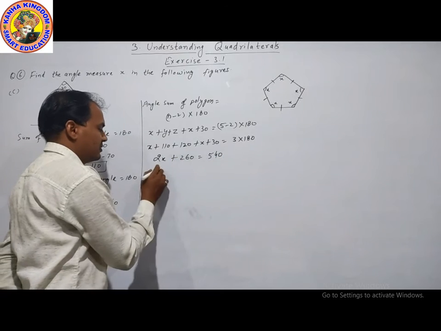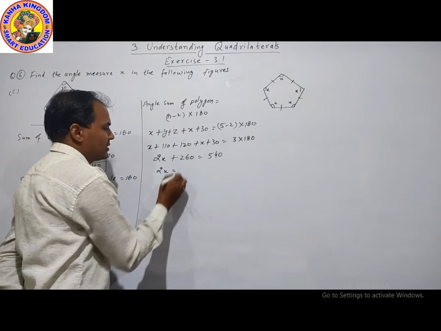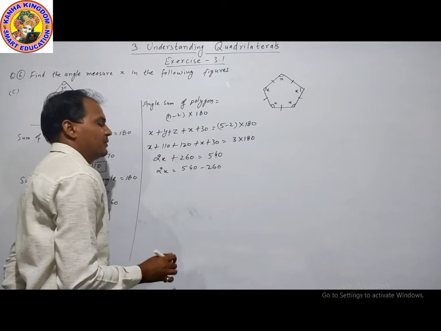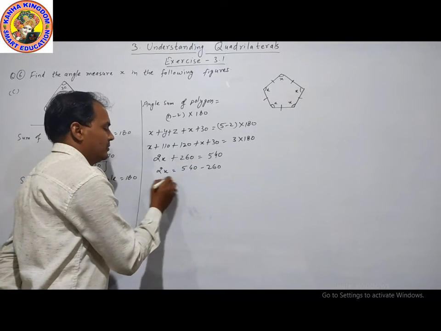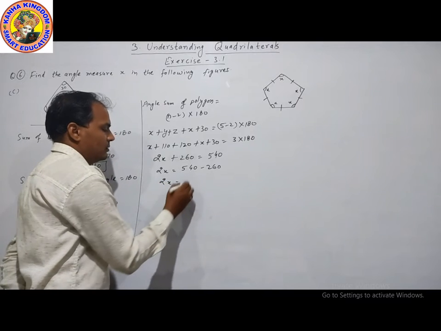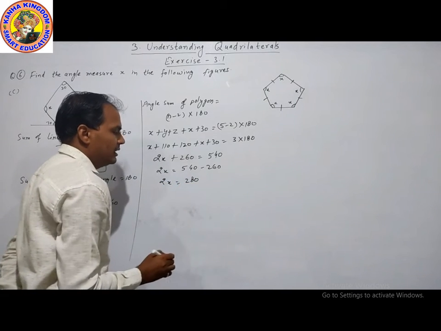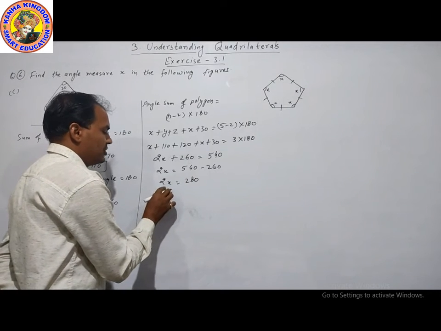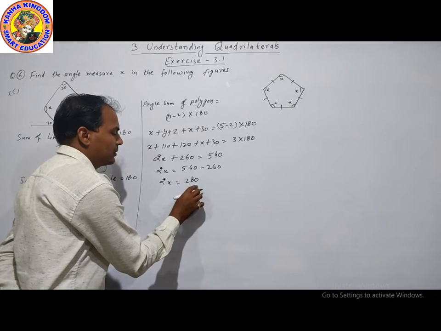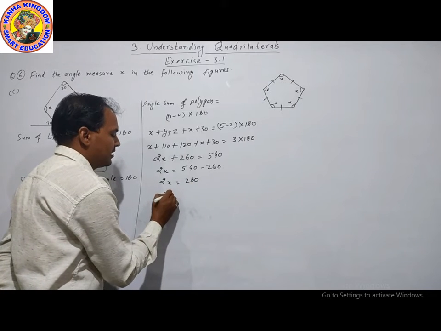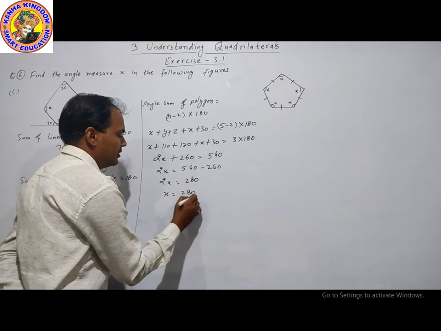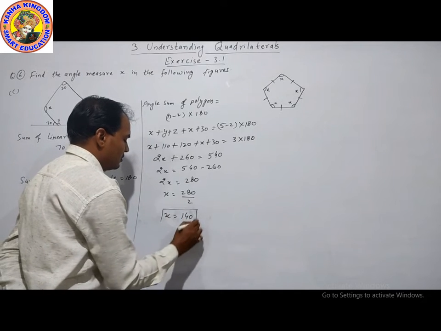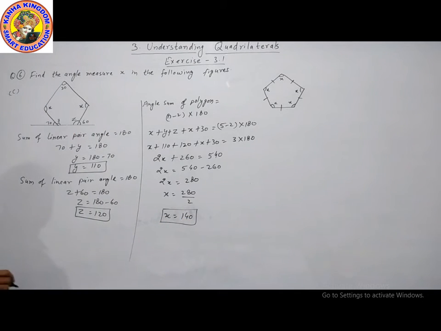Now transposing this, 2x is equal to 540 minus 260, 2x is equal to 280. Now this is multiplied by 2, so by cross multiplication this will be divided by 2. 280 divided by 2, x is equal to 140. The value of x is 140.